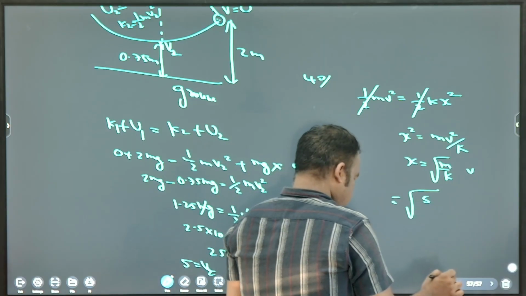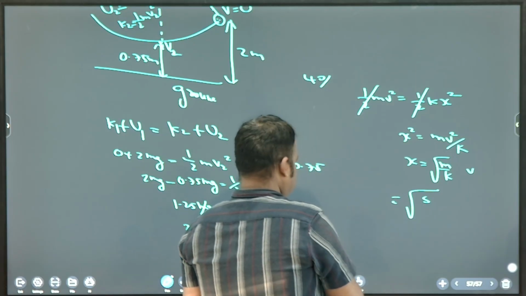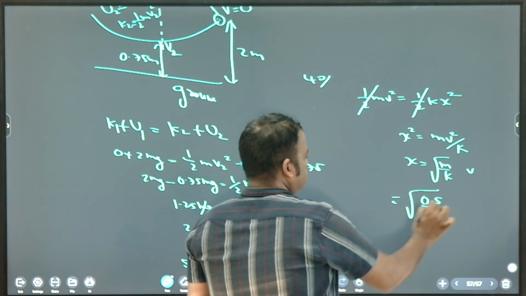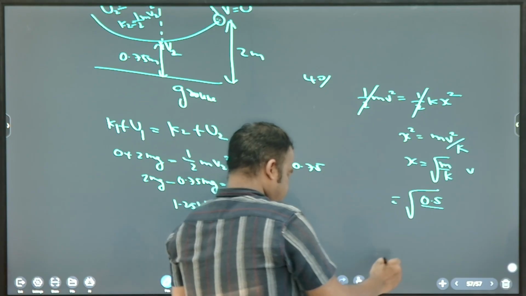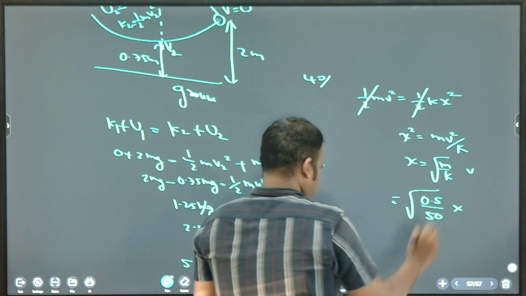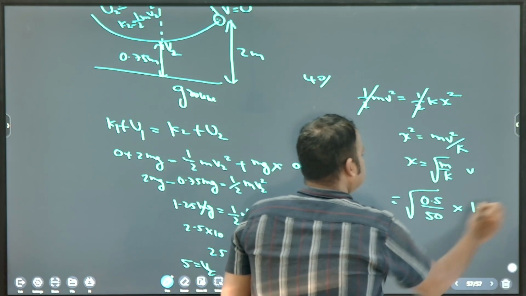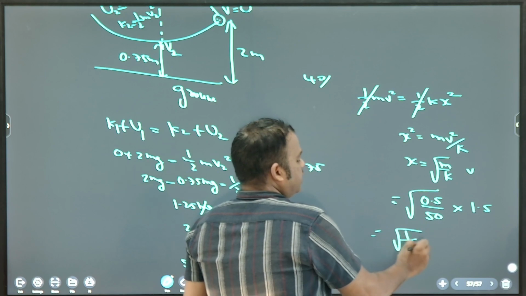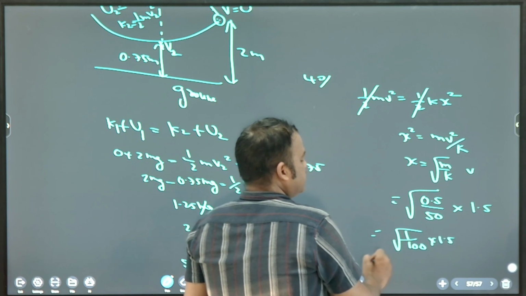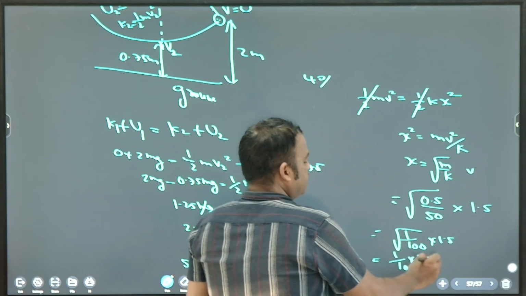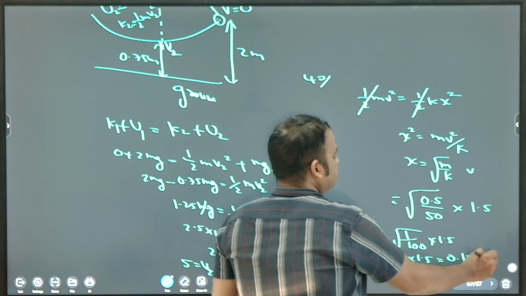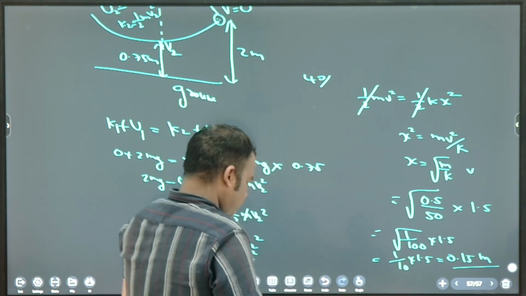So mass is 0.5 by k, which is 50, into v, which is 1.5. So this is 1 by 100 into 1.5. So this is 1 by 10 into 1.5. So 0.15 meter.